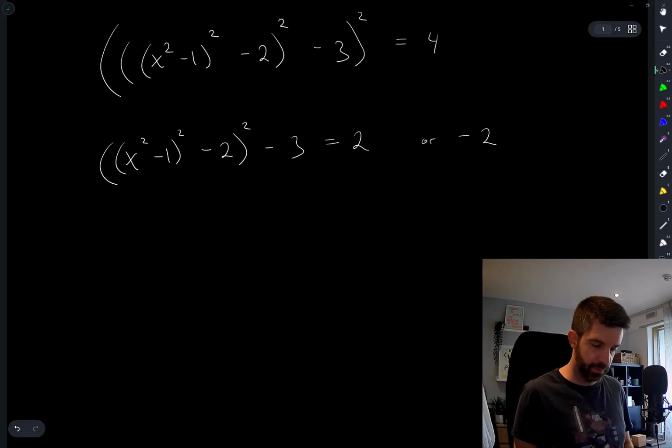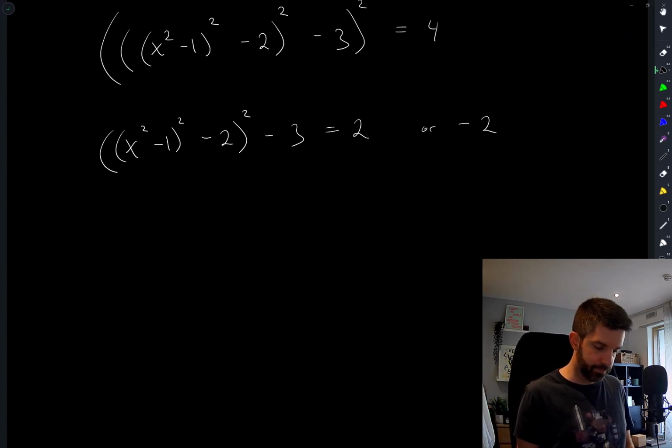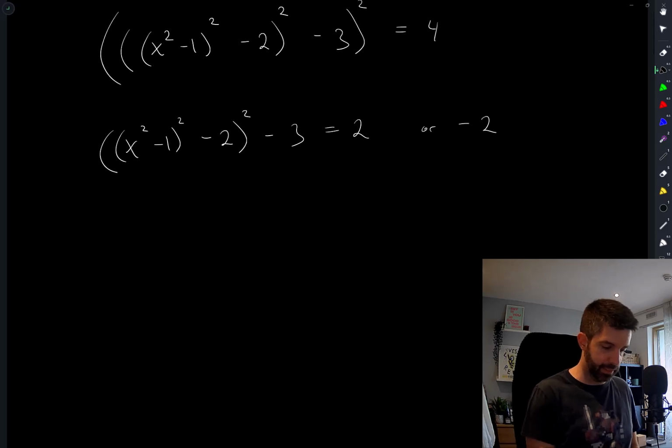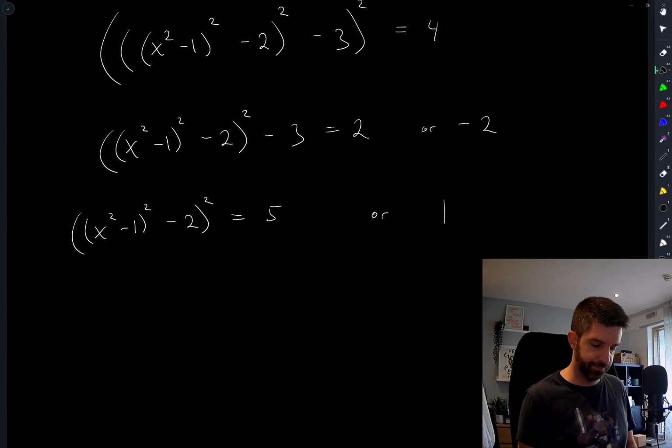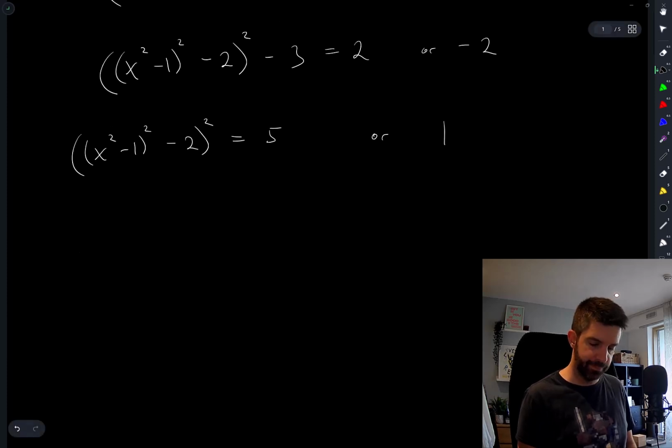And maybe we can continue just by keeping track of the fact that this thing can have 2 possible values. So this is equal to 5 or 1.